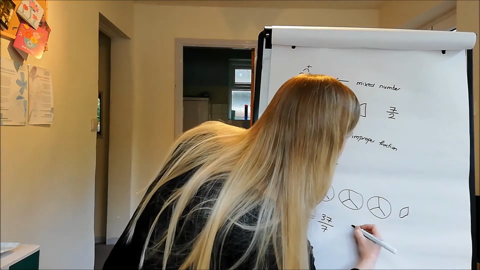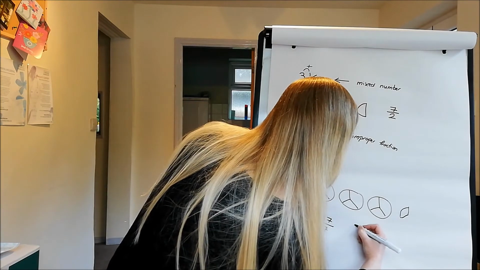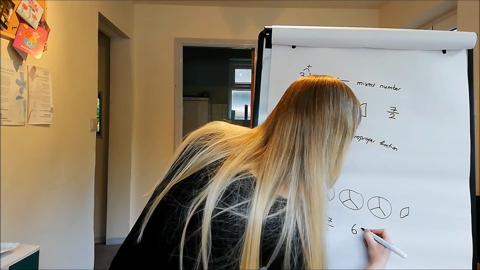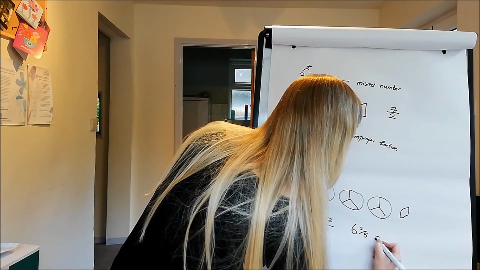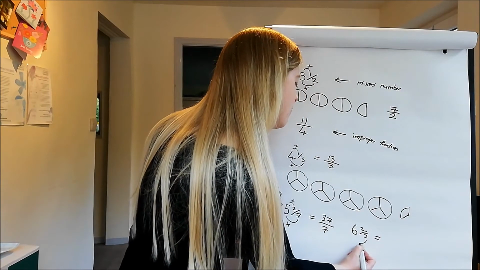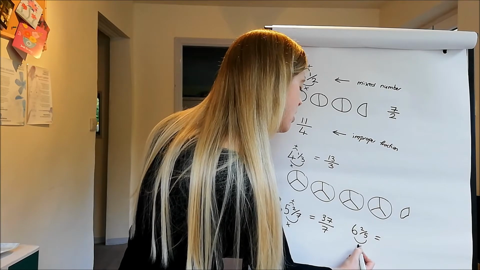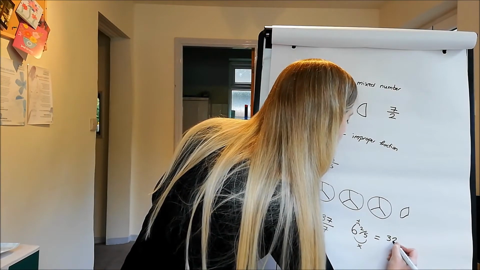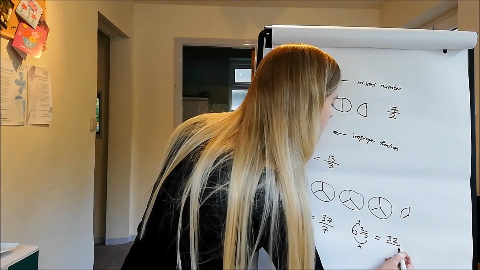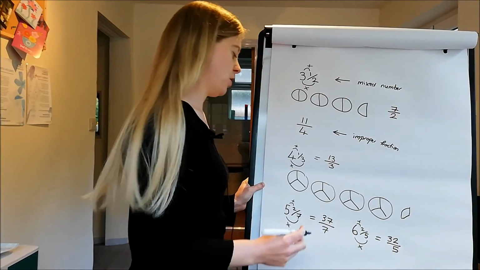If I had 6 2/5, I would say 5 times 6 is 30 and add the 2 on makes 32. And I'm dealing with fifths.